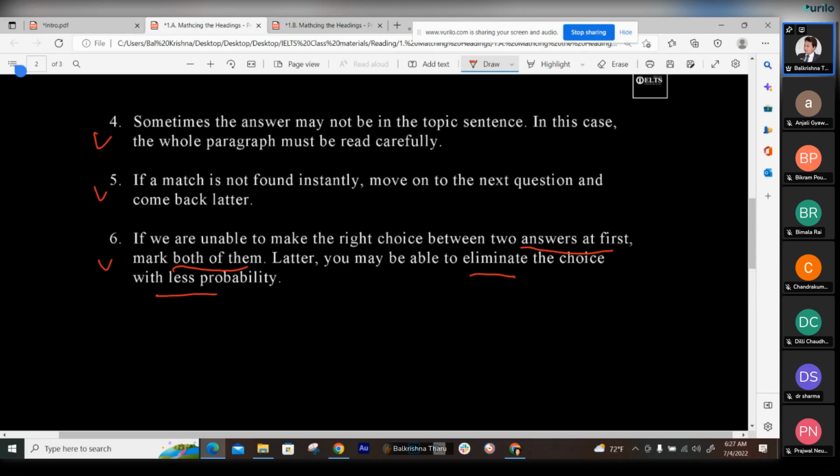Read this again. If we are unable to make the right choice between two answers at first, mark both of them. Later, you may be able to eliminate the choice with less possibility.